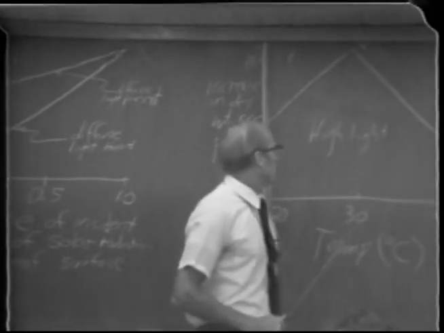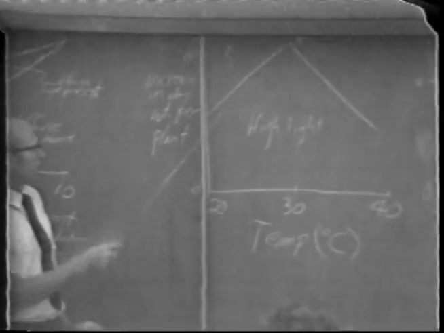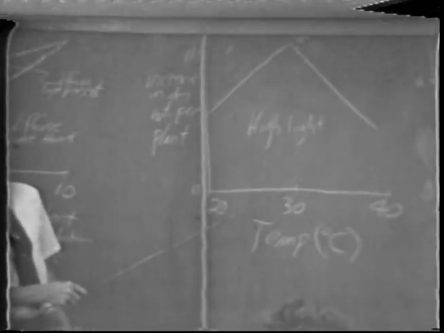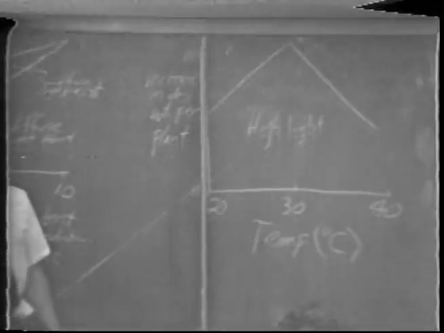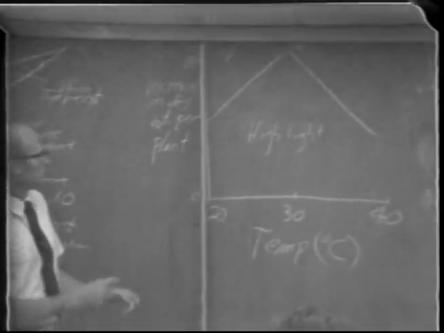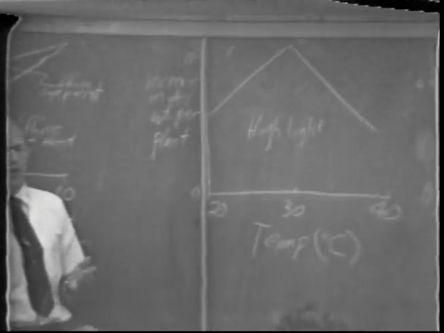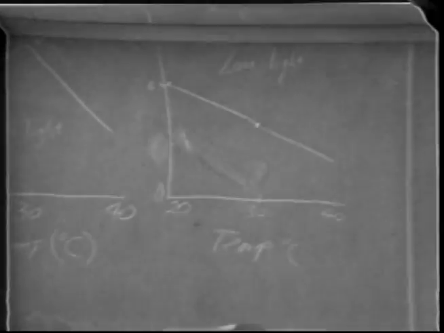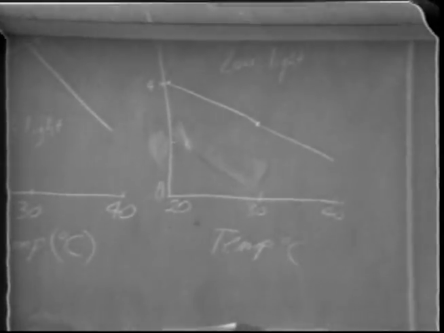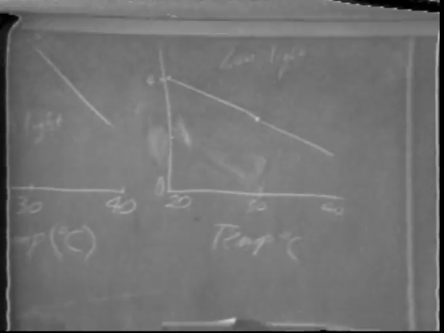And when we did this, we found that the maximum increase in dry weight was at 30 degrees centigrade, 86 degrees Fahrenheit, with a sharp decline on either side of this temperature. This was under high light, light intensities that exceeded or were around 5,000 or 6,000 foot candles. Under the low light condition, where the light intensities were less than 500 foot candles, we found our maximum increase in dry matter was at 20 degrees centigrade.